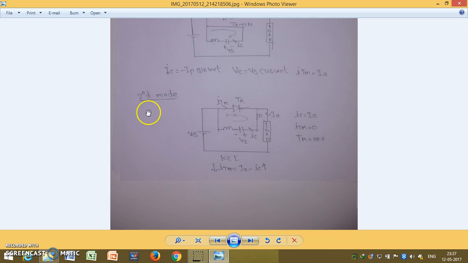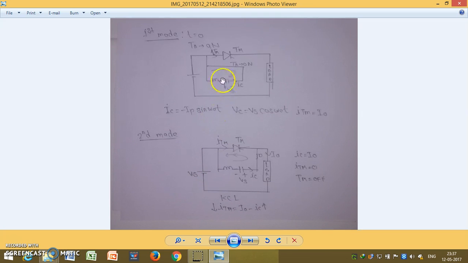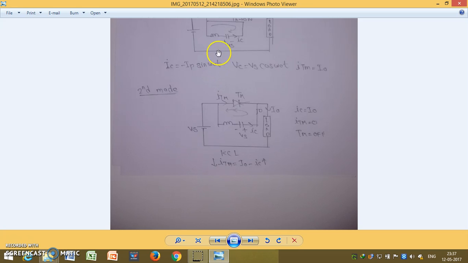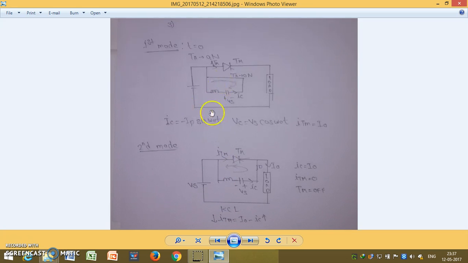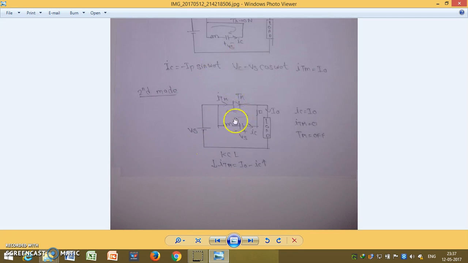Now in mode 2, as the capacitor discharges, it reverses its polarity, but the inductor can't allow the current to change in any condition. As the capacitor changes polarity while discharging, the diode is forward biased because this is plus and this is minus.